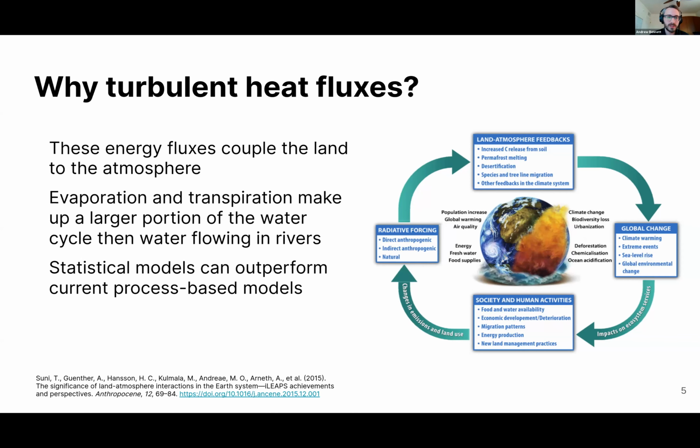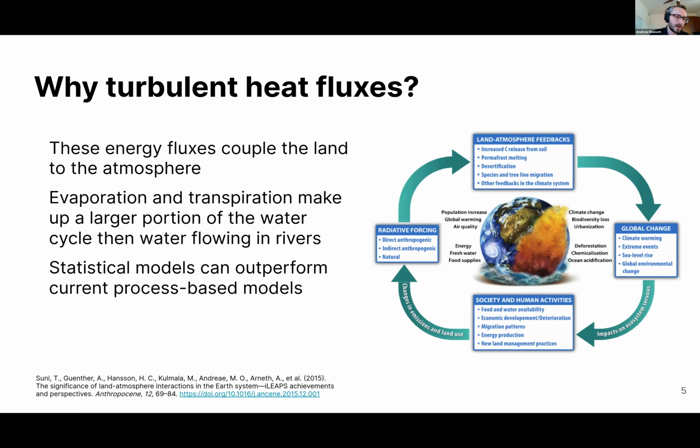With climate change, there are feedbacks that end up becoming pretty important and can lead to a lot of different effects. Further, these evaporation and transpiration terms are a really large part of the water cycle. They account for more total mass flux than the amount of water that flows in rivers. So taking this into account and having good predictions is pretty important on the large scale.